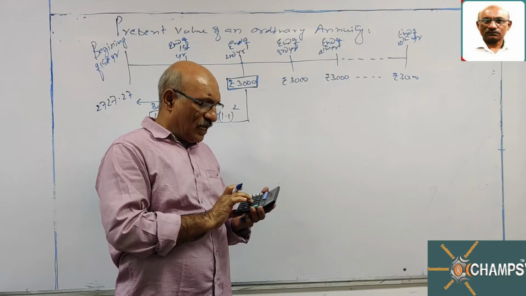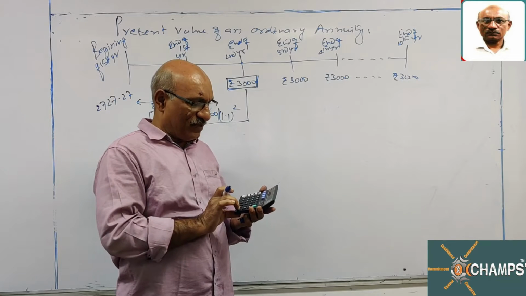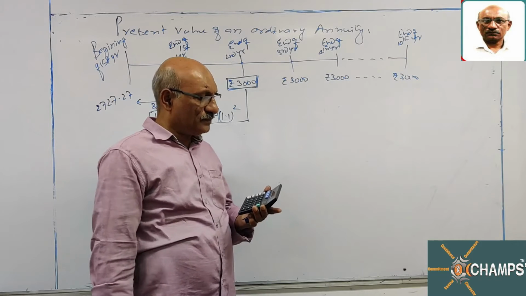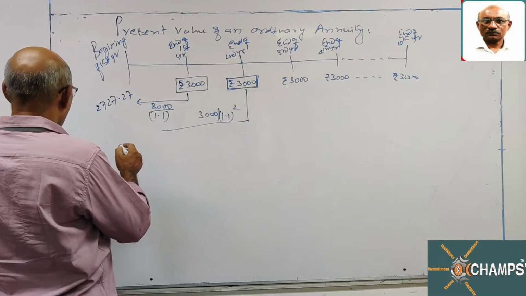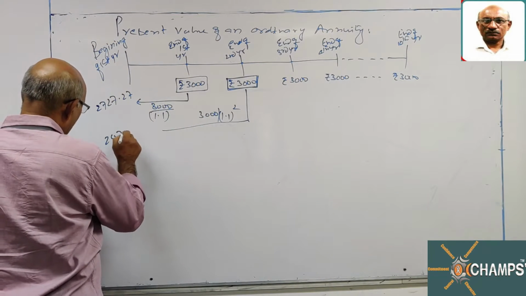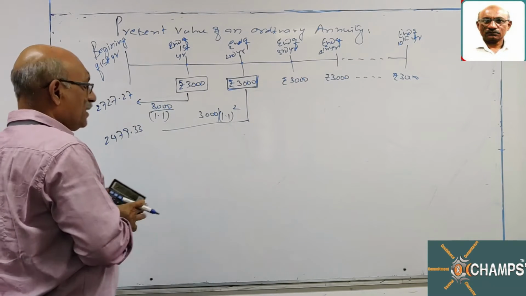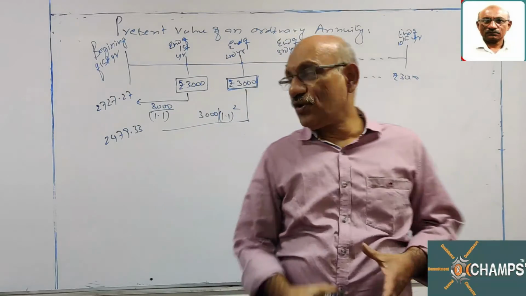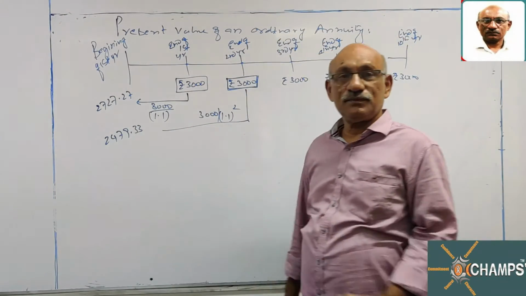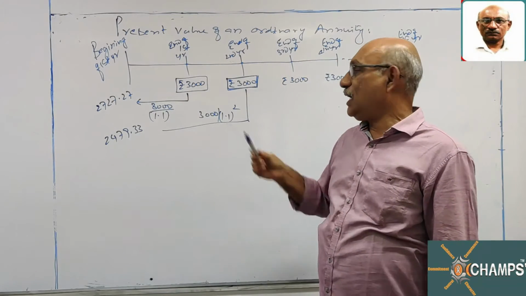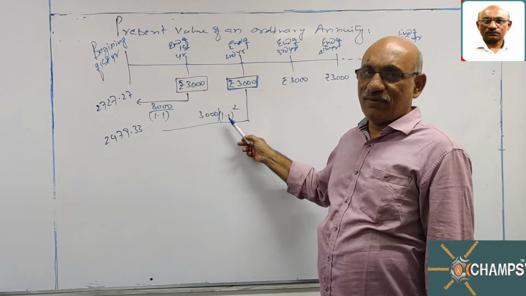This is 2479.33. If I deposit 2479.33, then this will become 3,000 after 2 years when the rate of interest is 10%.